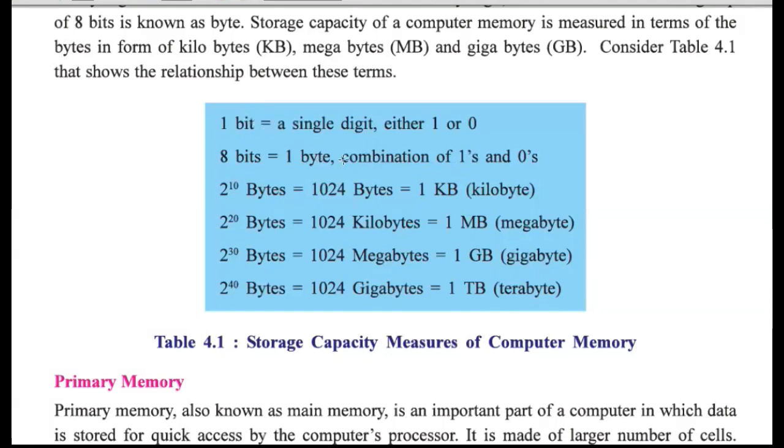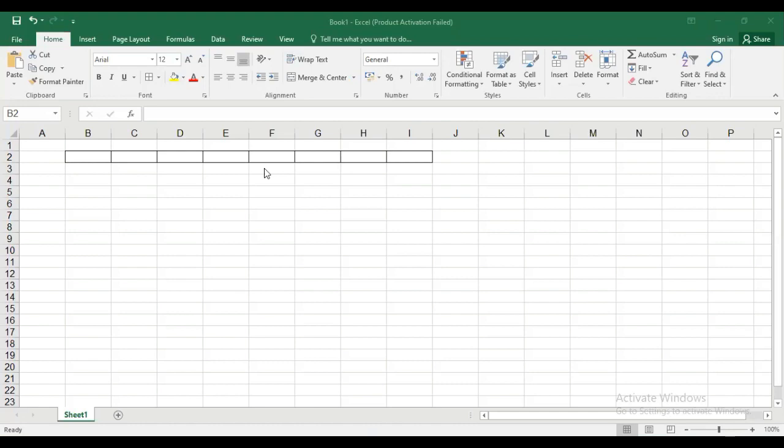In these 8 units, we can use a combination of zeros and ones to represent a number. For example, here I have prepared 8 locations: 1, 2, 3, 4, 5, 6, 7 and 8. You can consider each as 1 bit.